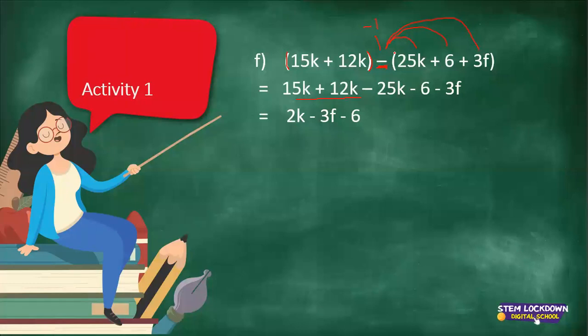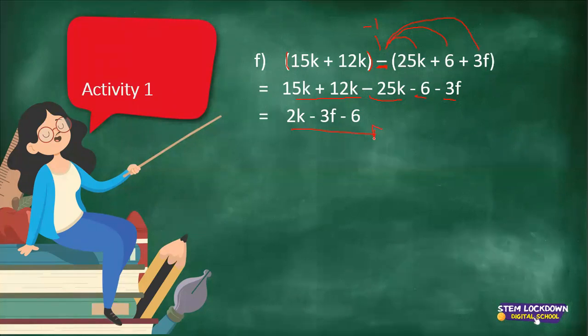When you remove the bracket, you first multiply. So -1 multiplied by 25K is -25K. Negative times 6 is 6. 3F multiplied by -1 is -3F. So this is your answer.